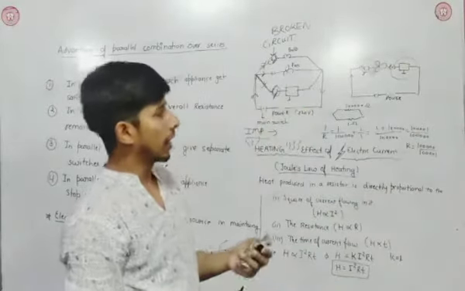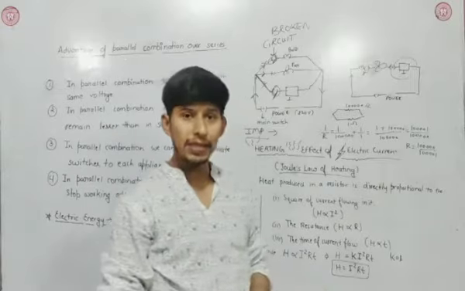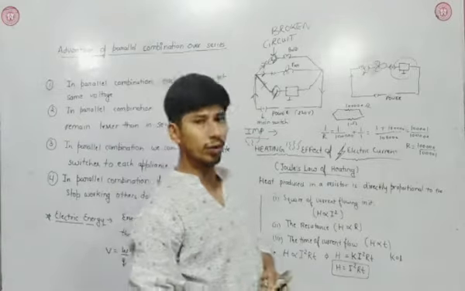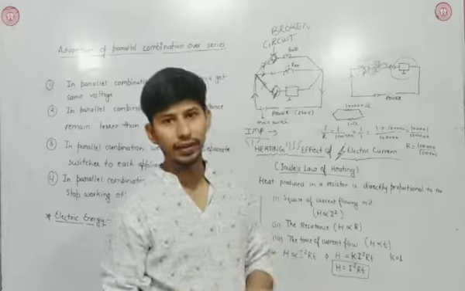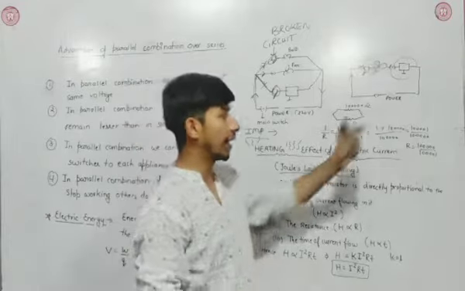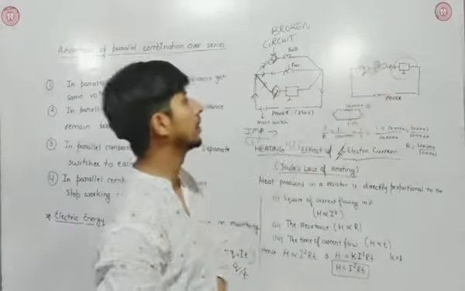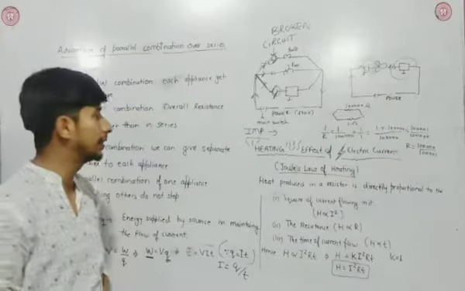Either you have to use both the appliances, or you can't use any appliance. So you cannot give separate switches in series arrangement. Is it clear to you?